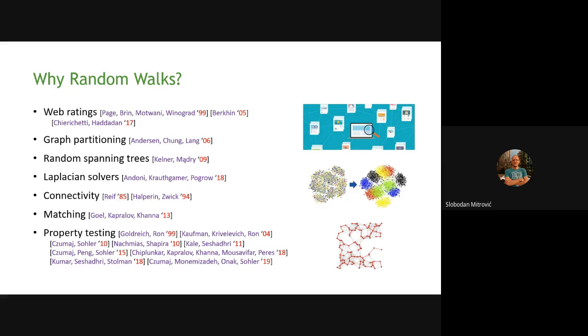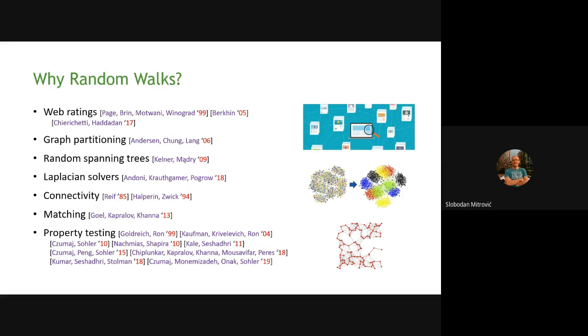Cool. So why do we care about random walks? One of the questions that one might ask. Well, they're building blocks for many algorithms. One of these really basic primitives in computer science, and they have a variety of applications.